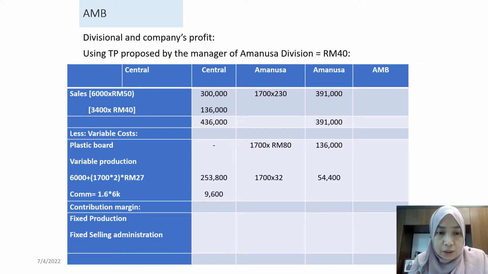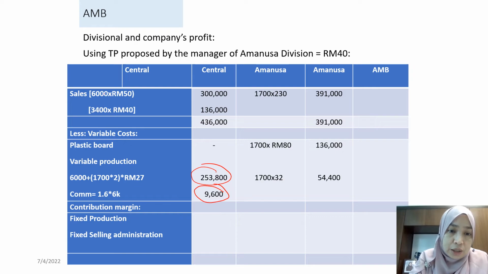Then we calculate variable production cost for central division. This one is commission. Commission you calculate based on external sales only, but variable production you calculate based on 9,400 in both amounts.